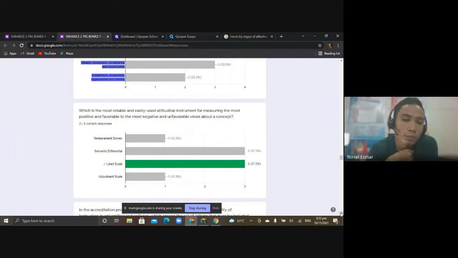It is the instrument used in identifying, for example, whether the one answering the questionnaire agrees or not. Agree, strongly disagree, do not agree. What kind of attitudinal instrument for measuring is that?